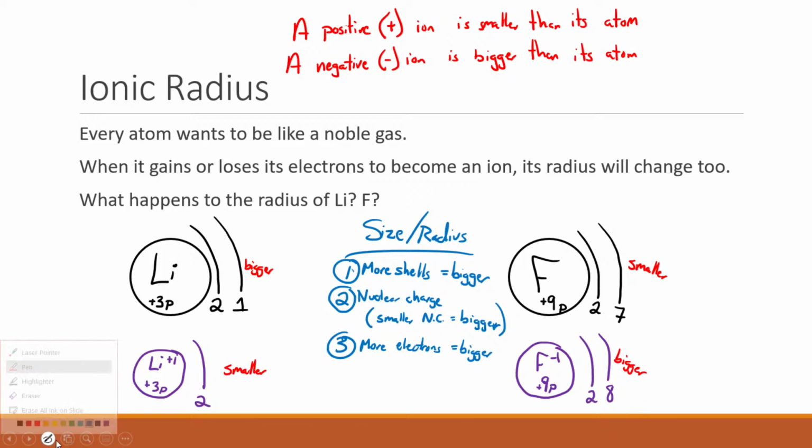Right, on the previous slide, when we assigned atomic radiuses, we said lithium was 90 and fluorine was 80. Right, this difference in nuclear charge accounts for a change of 10.